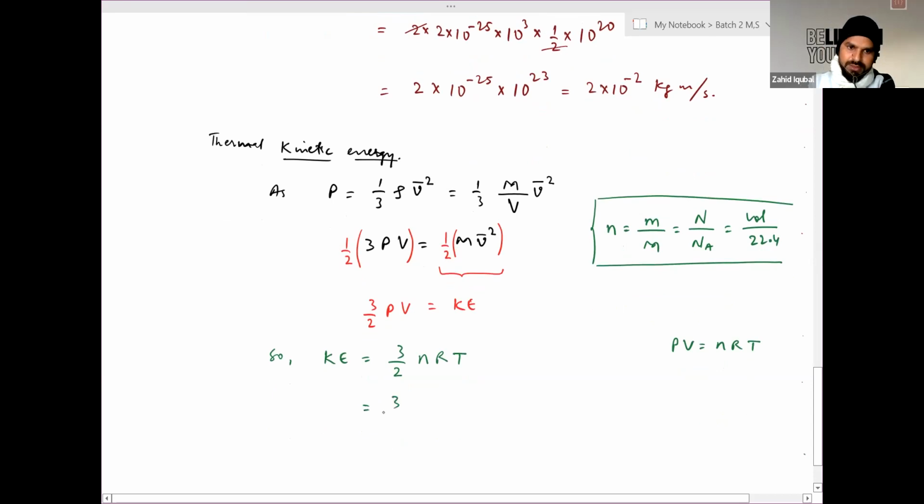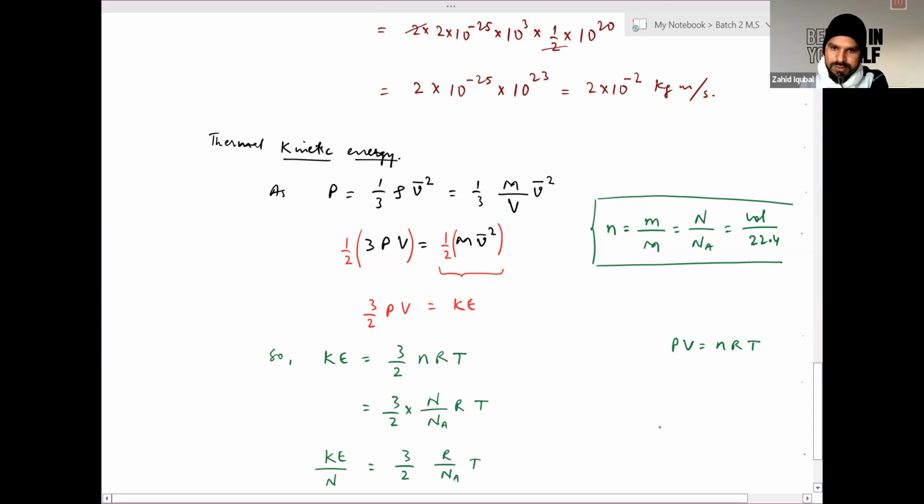So you may write 3 by 2 N over Na, number of moles being number of particles divided by Avogadro number, times R into T. Now move this N to the left side. So kinetic energy divided by number of particles equals 3 by 2 R by Na multiplied by T.